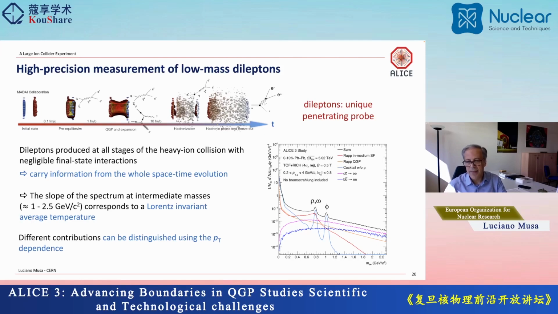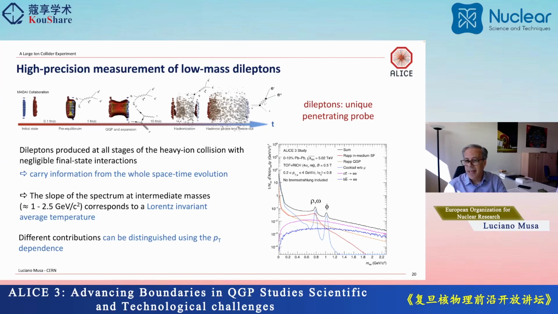Of course, after the subtraction of the background, which is coming mostly from the electrons from semi-leptonic decays of heavy flavor hadrons, which are produced very abundantly at the LHC energies, and that makes the measurement particularly challenging. But also the pi-0 Dalitz decays and also photon conversion.